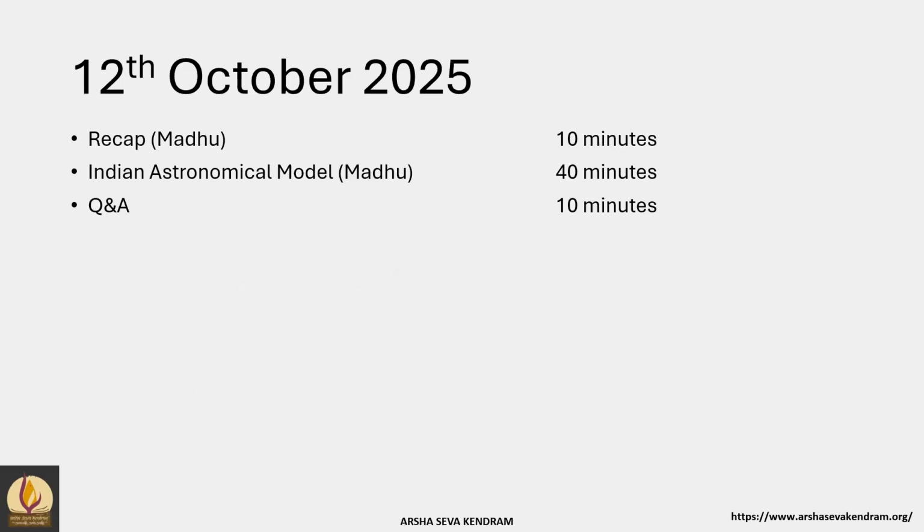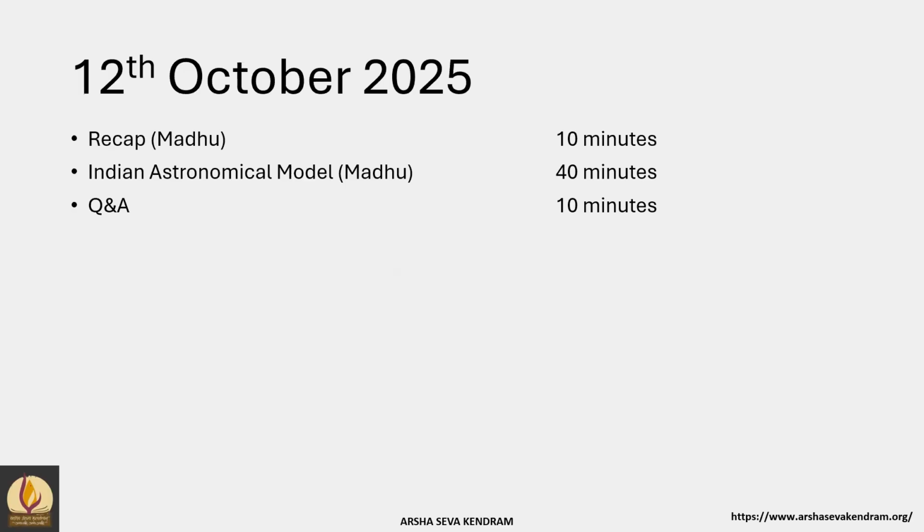It's not necessarily going to be in sequence, so we will revisit some parts that we discussed earlier, then introduce some new concepts, and then we'll also have some Q&A towards the end to logically close off this topic.